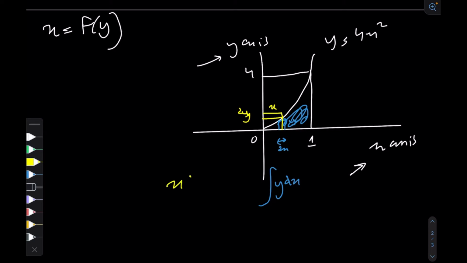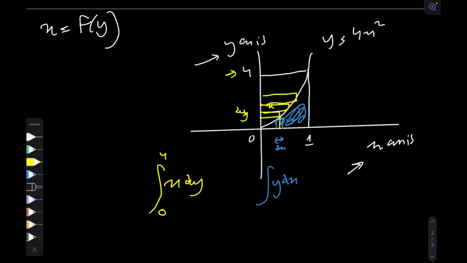So x multiplied by dy, and then I sum up all of these, so integral from 0 to 4. I am taking the y values instead of the x values because I am taking changes in y.